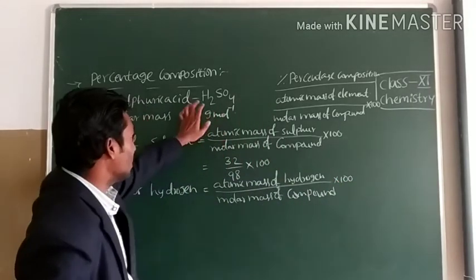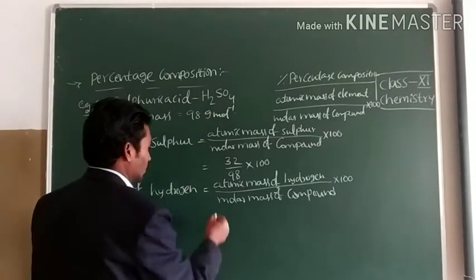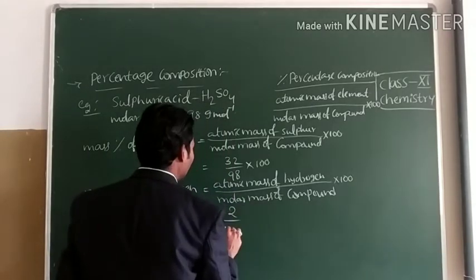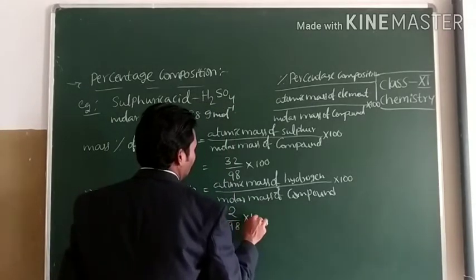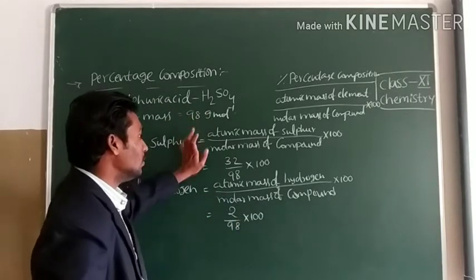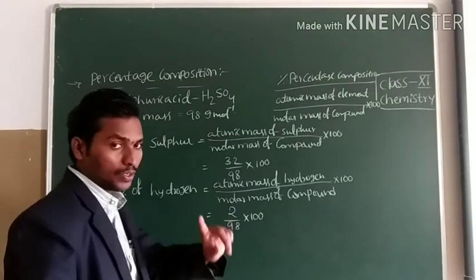Here the number of hydrogen atoms is 2, so the mass of hydrogen is 2. So 2 by 98 into 100, because it contains 2 hydrogen atoms here. So 2 into the atomic mass of hydrogen, which is 1, is equal to 2.